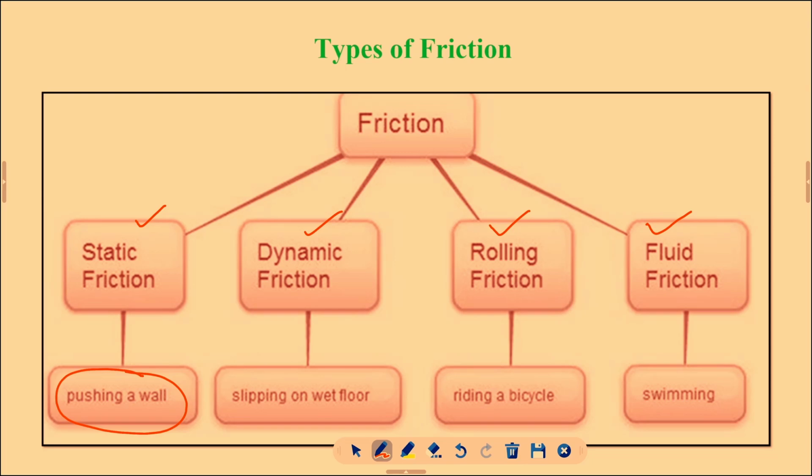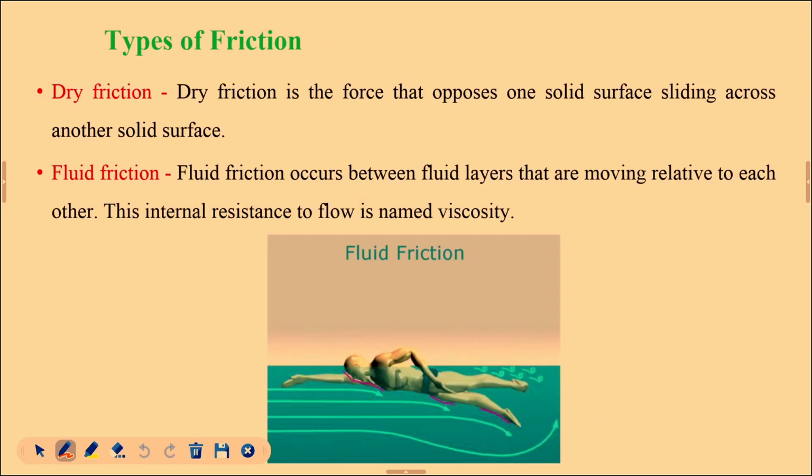And next is dynamic, we are moving, that is slipping on a wet floor during movement. The third one is riding a bicycle, and the fourth one is swimming.